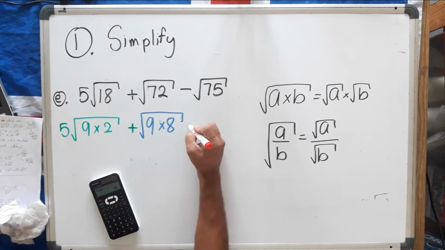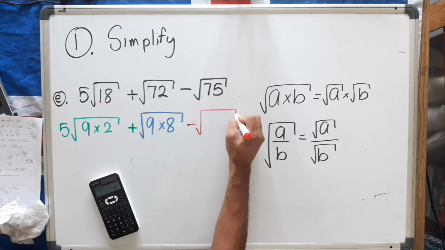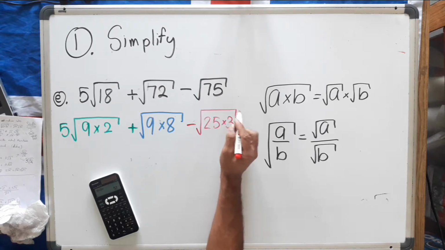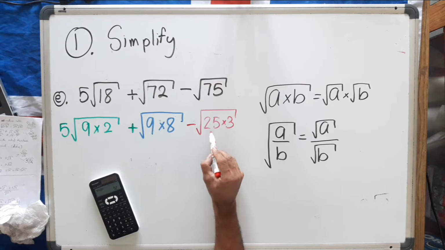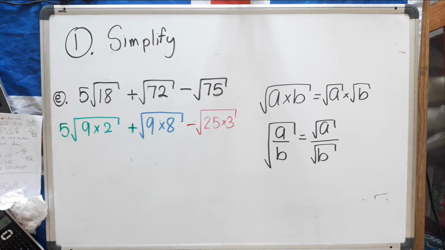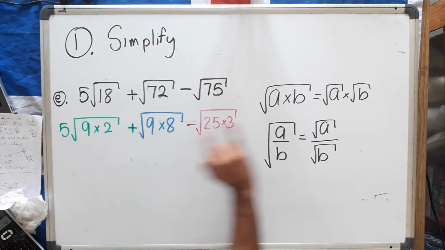And 75. I think a good choice is 25 multiplied by 3. 25 is easy to square root. 3 is not. So at least one of them is good. So what's going to happen here? Everybody over here, we're going to apply this rule.